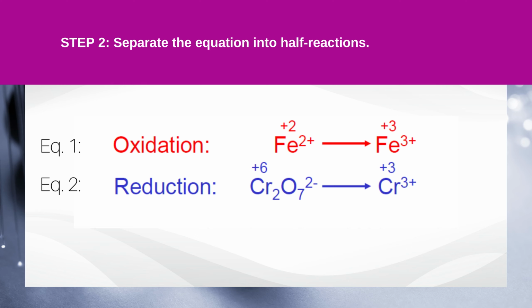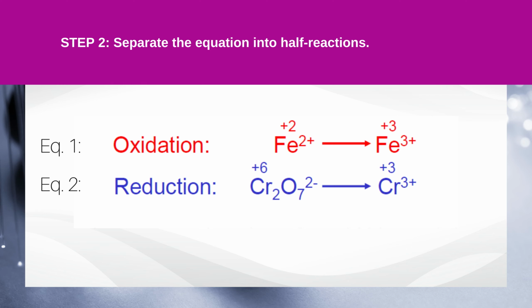From both equations, we can identify the oxidation and reduction based on the oxidation number. For iron, the oxidation number increases from +2 to +3. So an increase in oxidation number is oxidation process.